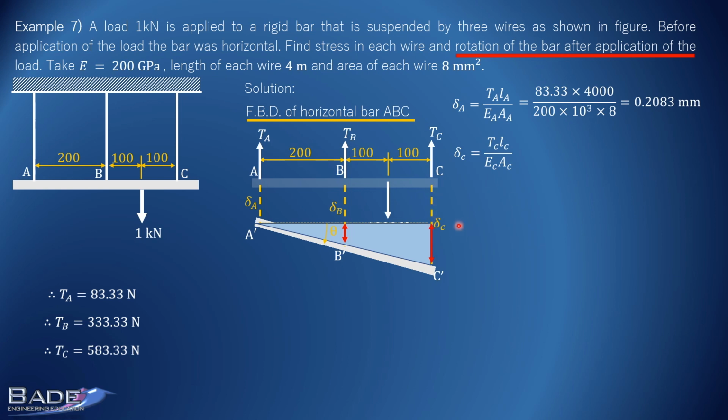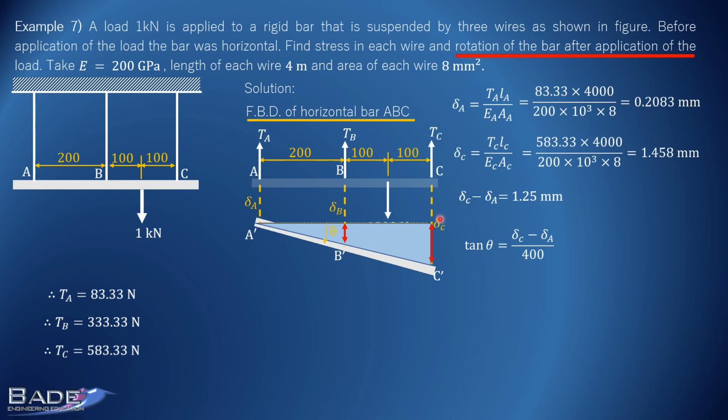Now delta C, this total length C to C dash, that is elongation of wire at C, TC LC upon EC AC. And this is how we found the deformation of wire C also. So delta C minus delta A, that is this length, is 1.25 millimeters.